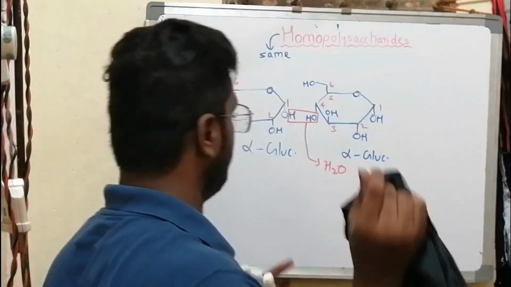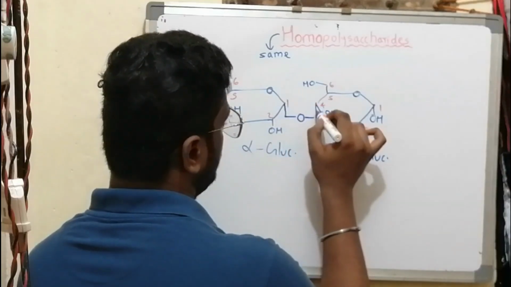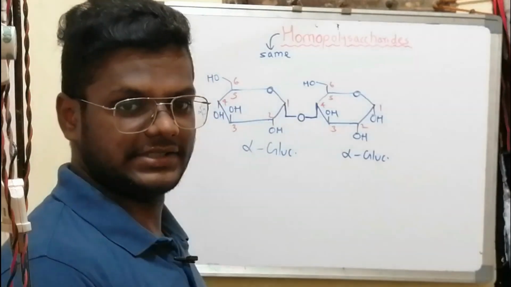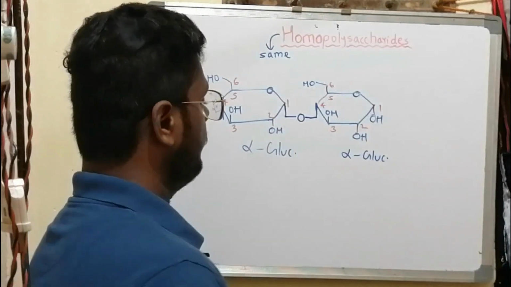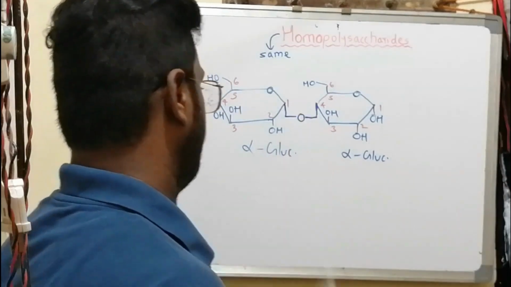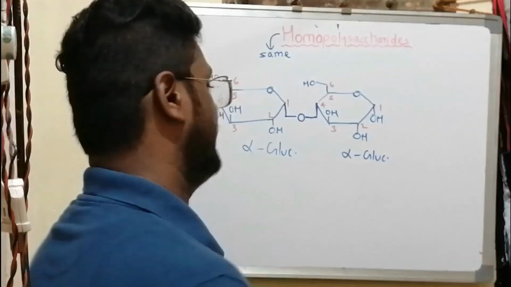So it would be looking somewhat like this. So now it would appear just like this. So this is our O-glycosidic linkage, where the bond is held by one oxygen atom. That's why O-glycosidic linkage. Simply you can call it a glycosidic linkage.